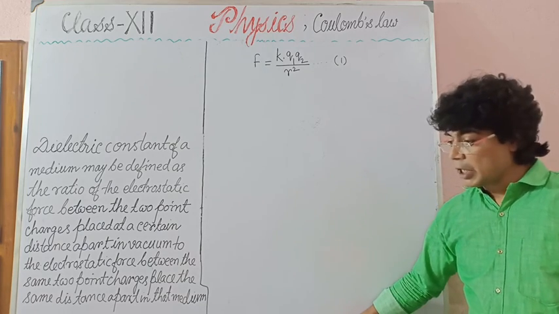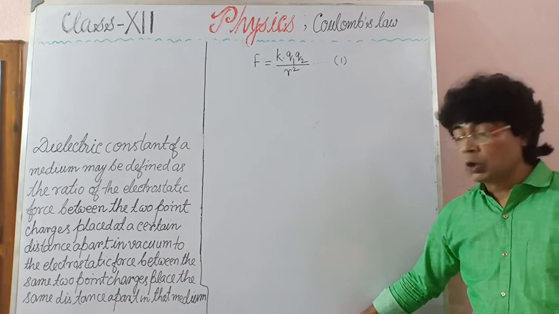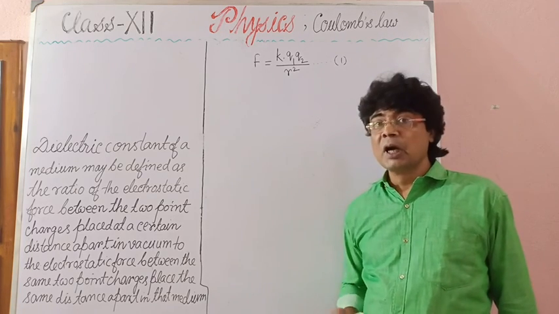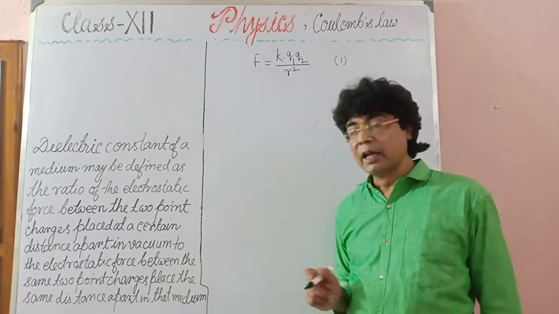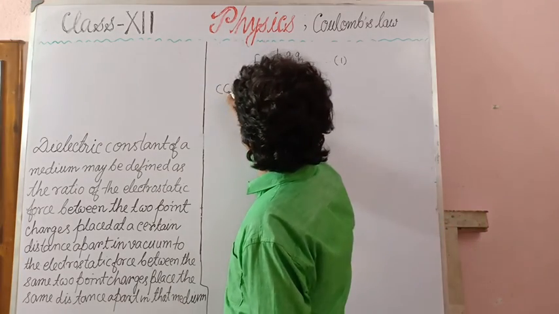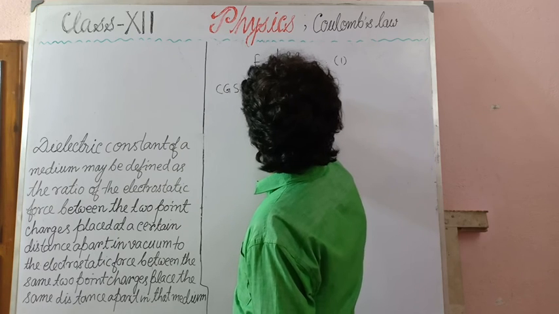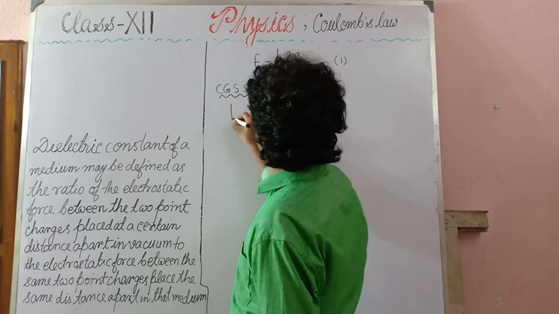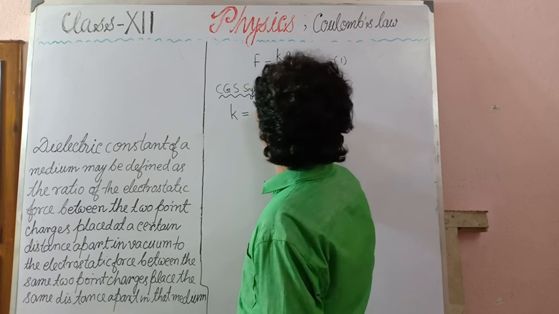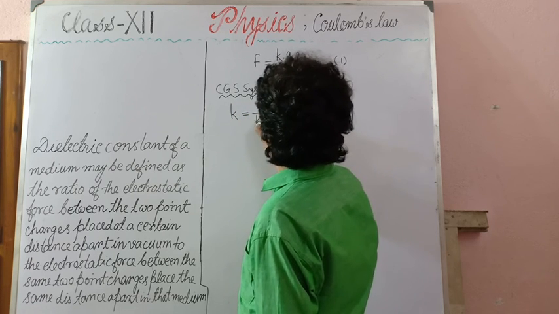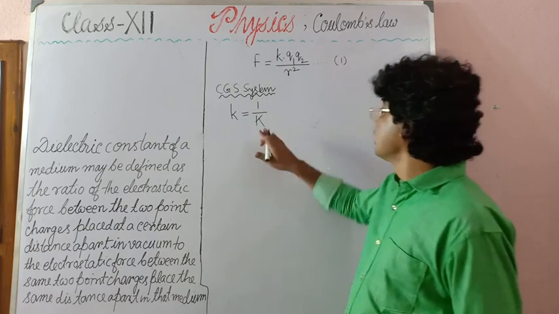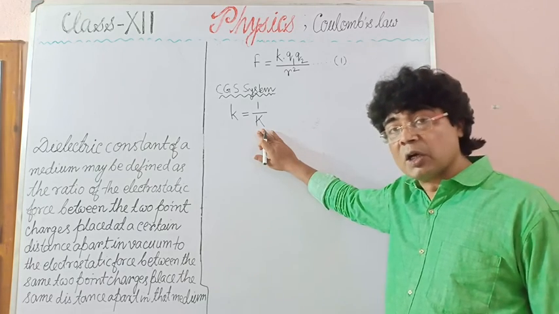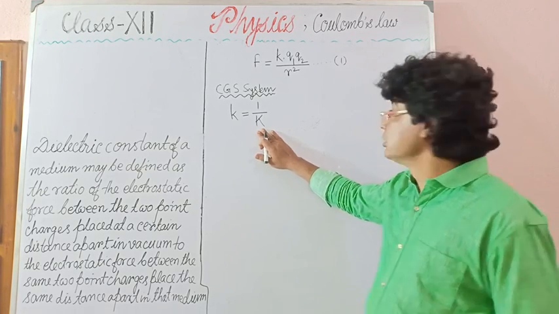Now, if we consider that the 2 point charges are situated in any medium other than vacuum, then in CGS system electrostatic constant K is written as K equals 1 by capital K, where capital K is called the dielectric constant of that medium.